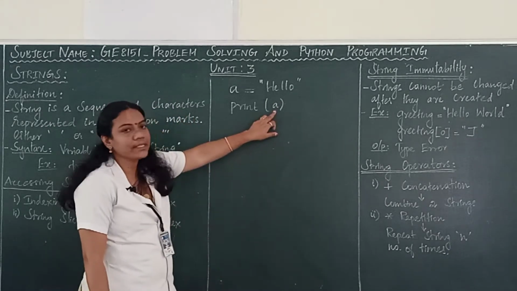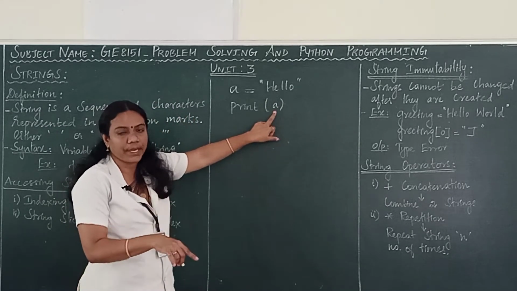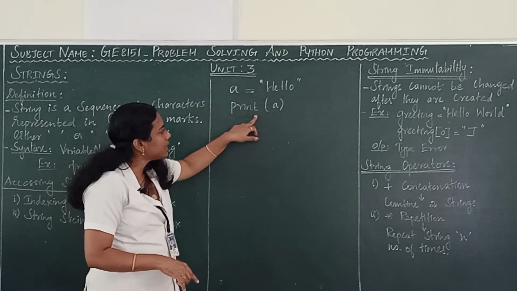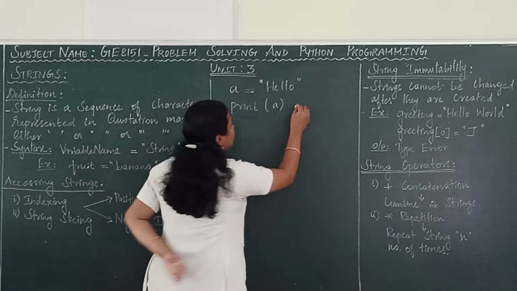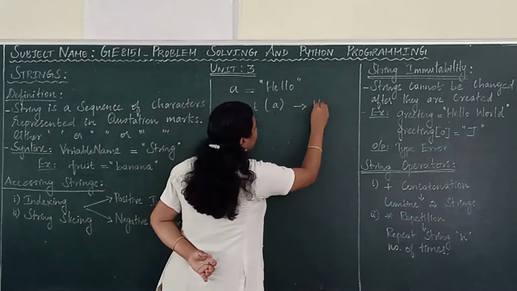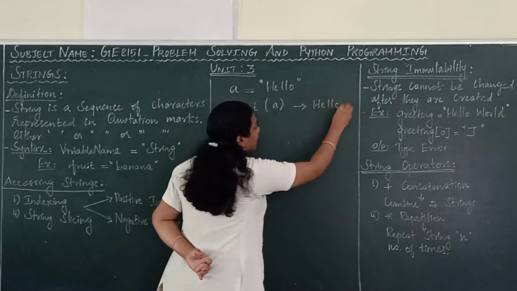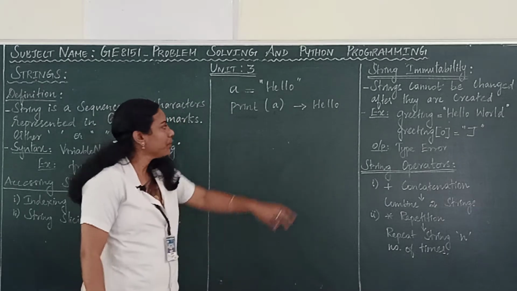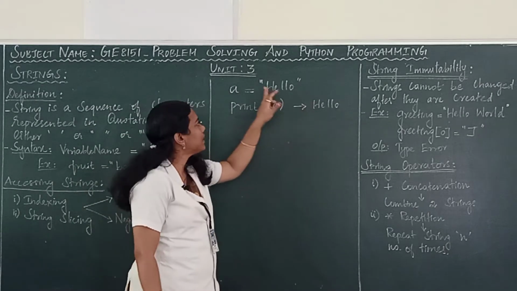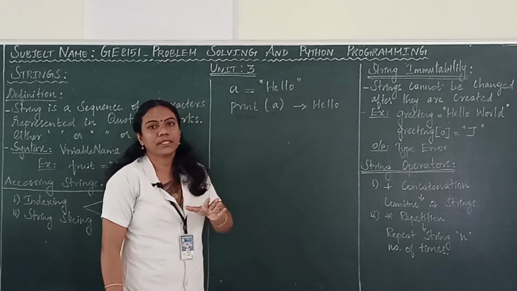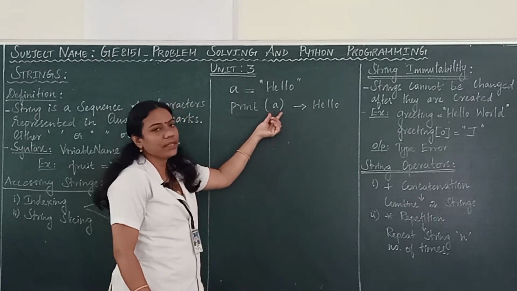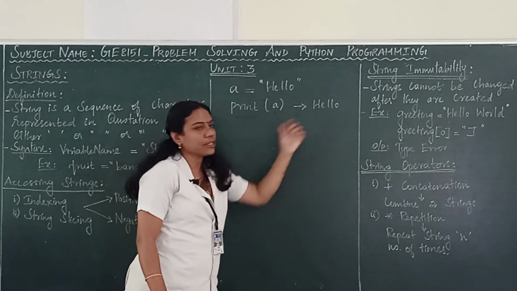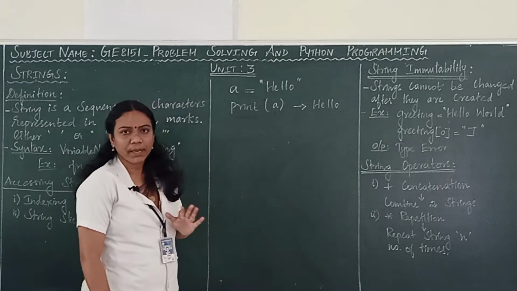Here A is a variable that contains a string. Inside the print statement, if I use the variable A, the output displayed is the complete string hello, without quotation marks, since they are only the symbol used to represent a string. So whenever I print the variable A, I get the corresponding string as my output.